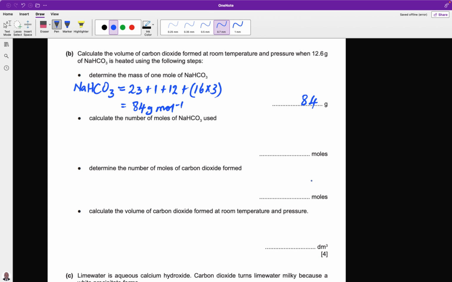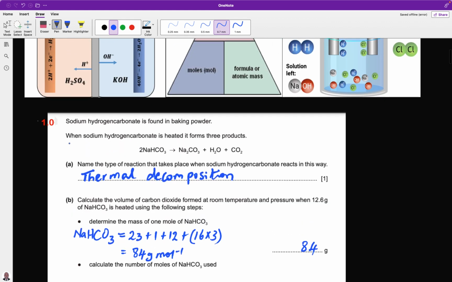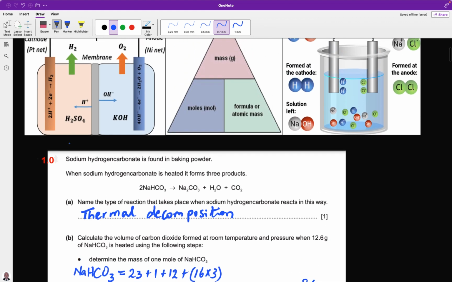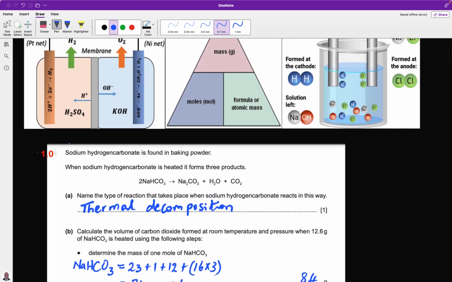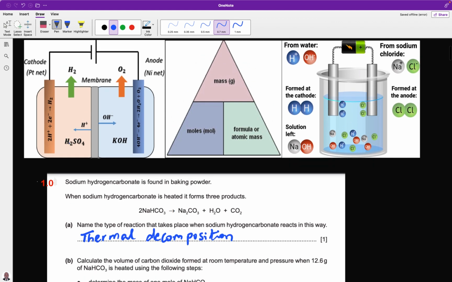From what we know, the number of moles is the mass divided by the formula mass or molar mass.